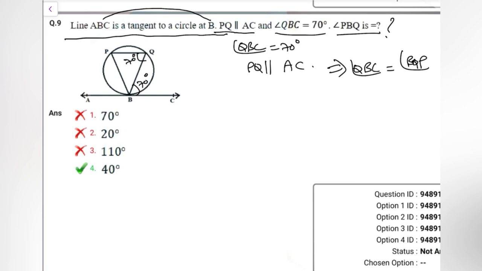With the help of alternate segment theorem, angle BPQ is equal to angle QBC. So QBC is 70 degrees and BPQ is also 70 degrees, with the help of alternate segment theorem.